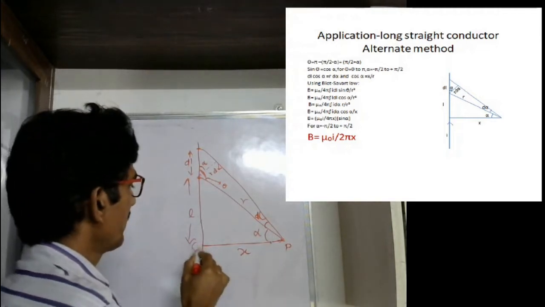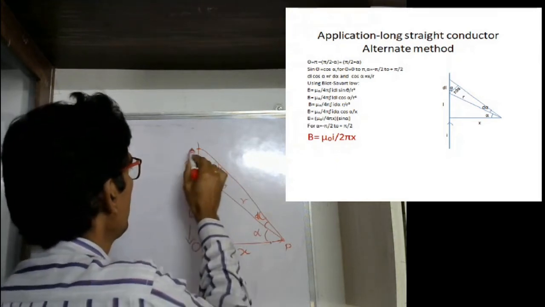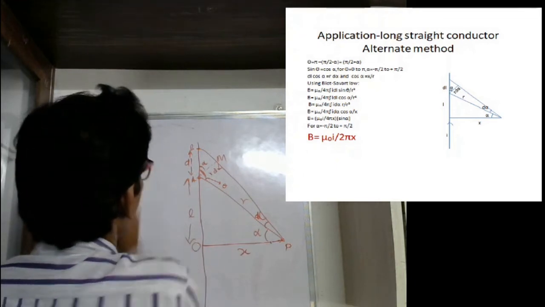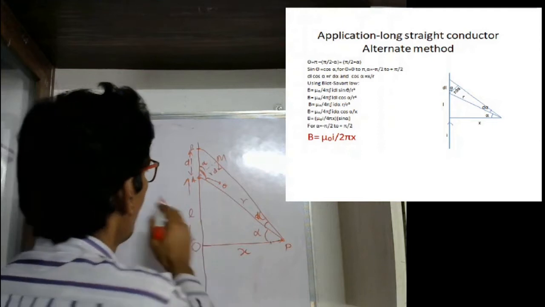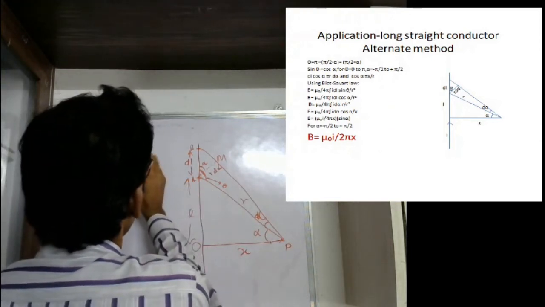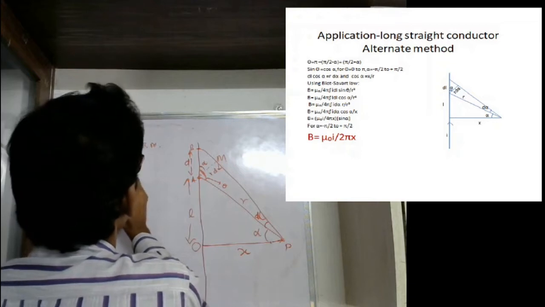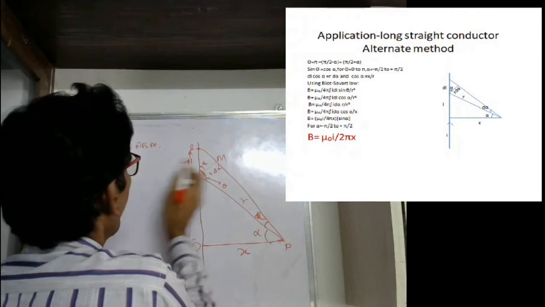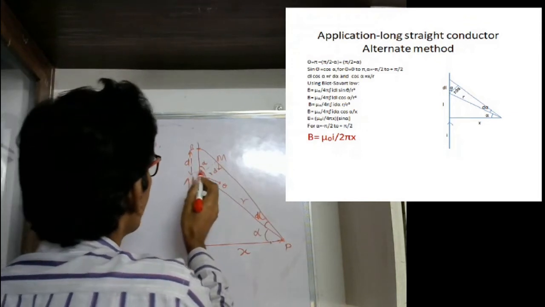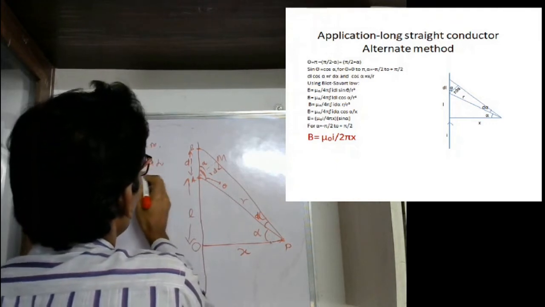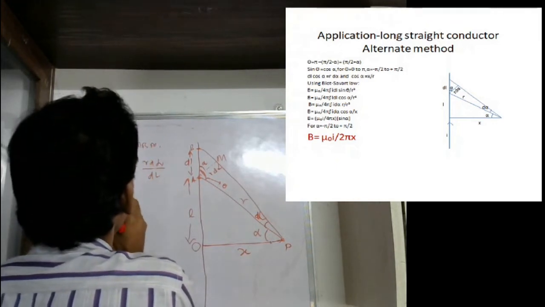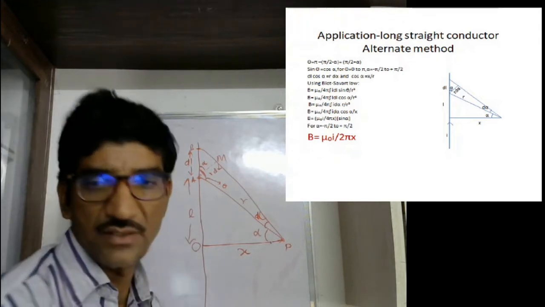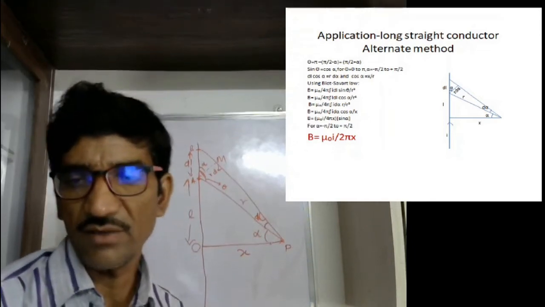Call this point O, this is A, this is B, this is M. From triangle ABM, cos alpha is equal to the side, r d alpha, by the hypotenuse dl. Therefore, dl cos alpha is equal to r d alpha.